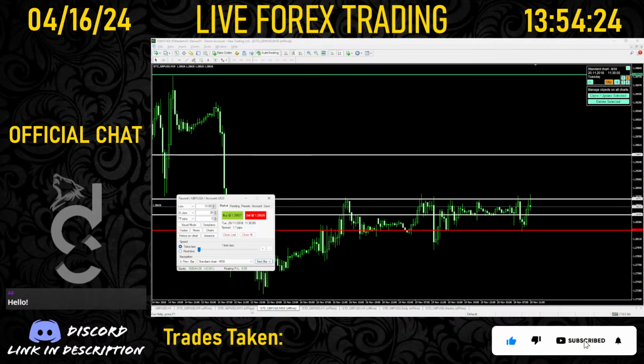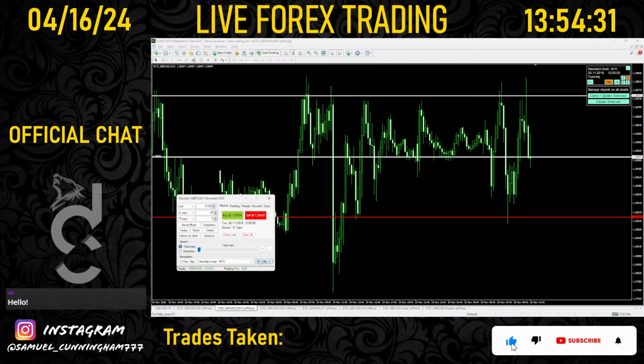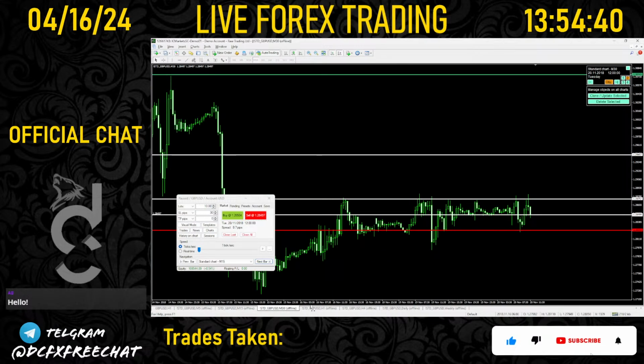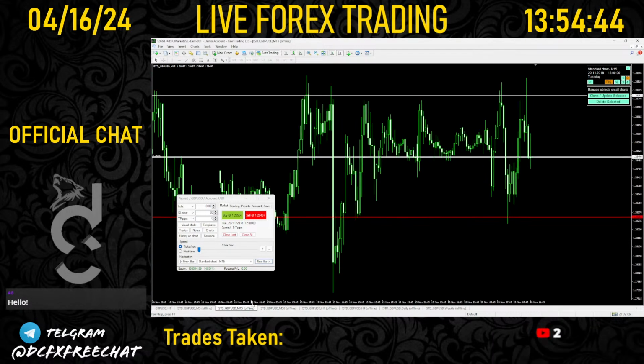Okay, second tap. Let's check 15 minute, any engulfing? Yeah, engulfing right there, but again the stop would be ridiculous. Right, 35 pips. Let's see hourly time frame, anything? Nothing yet. 30 minute, nothing.